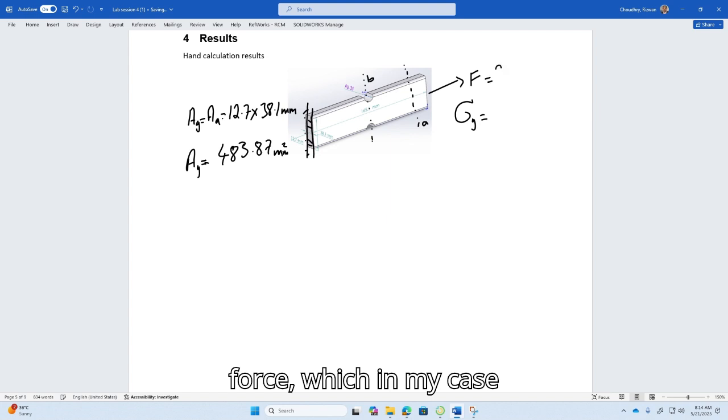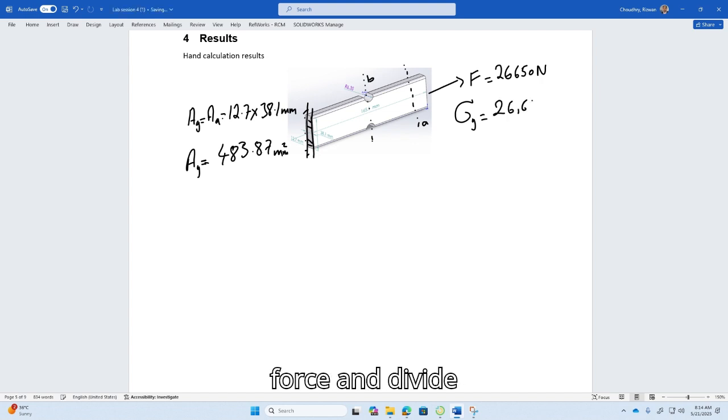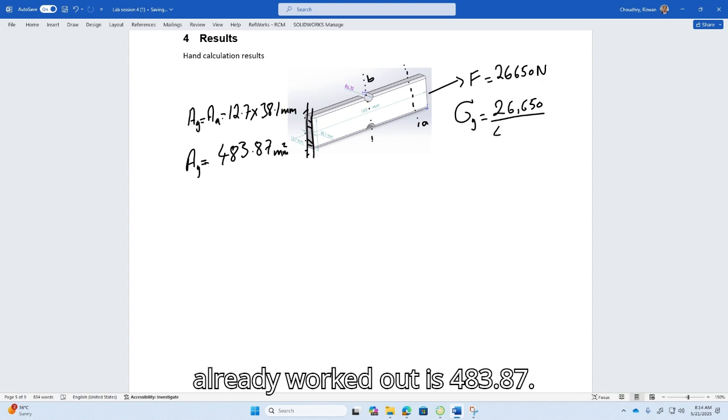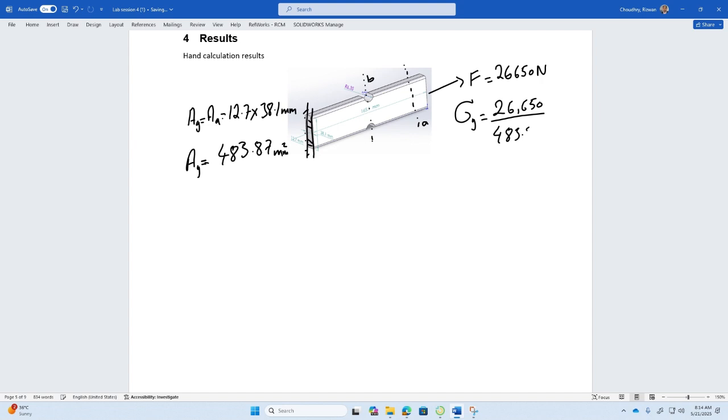Now, to find out this stress, all you have to do is to take the force, which in my case was 26,650 newtons. Can you confirm that? Yes? So, we'll take this force and divide it by the gross area, which you have already worked out is 483.87.